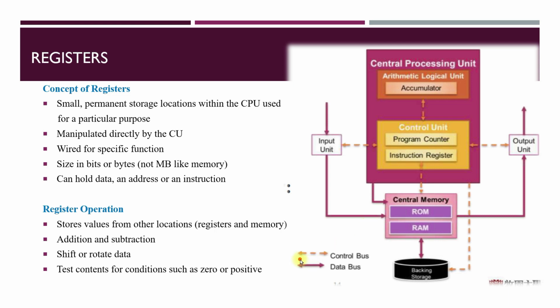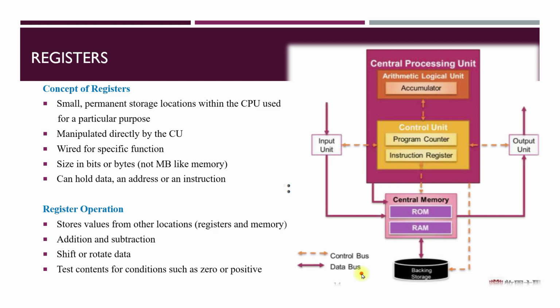So we have two types of lines which are shown over here. One is the pink line. The pink line represents the data bus, and the dotted lines in orange denote the control bus. So we have some interfaces which we use for sending data between the different components. This set of wires is called a bus, and the bus can be of three different types: data bus, address bus, and control bus.